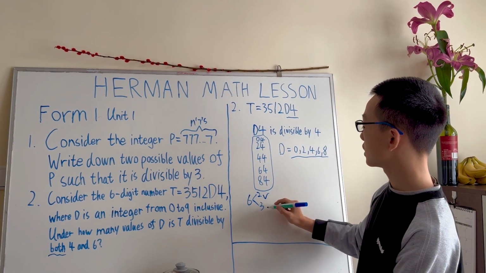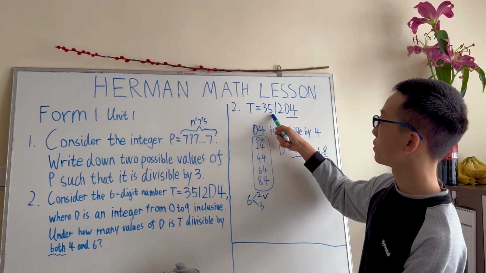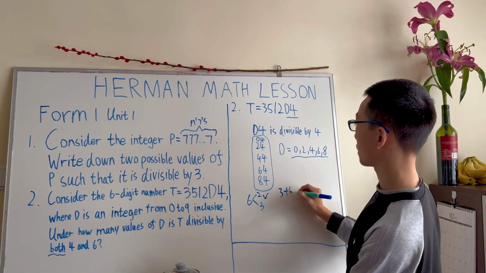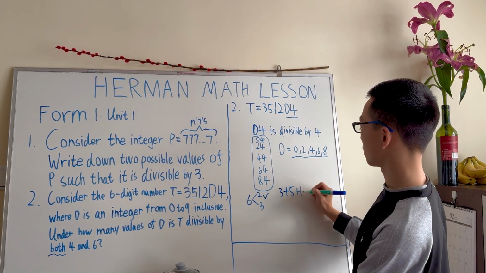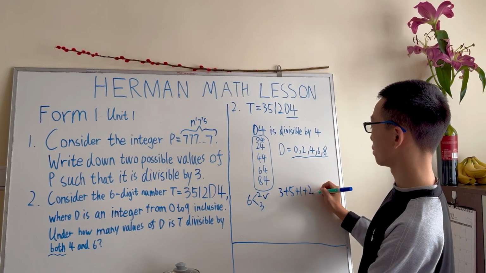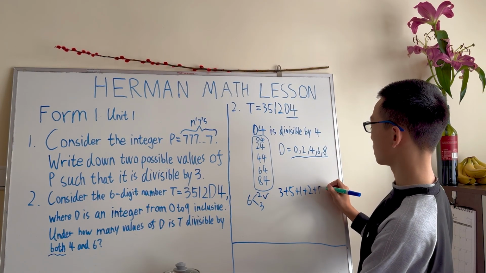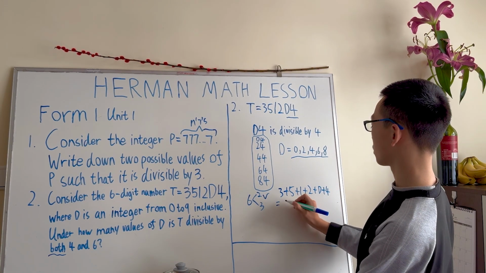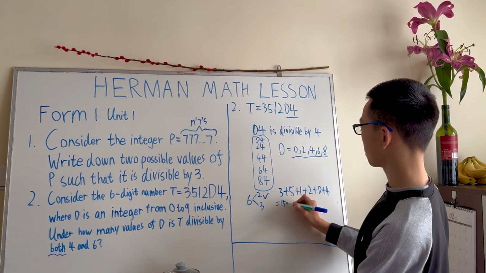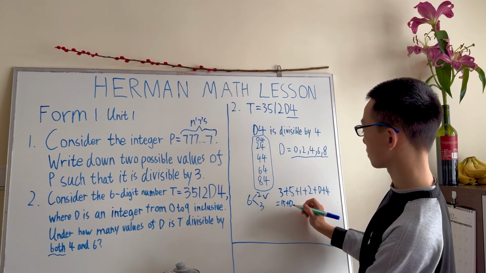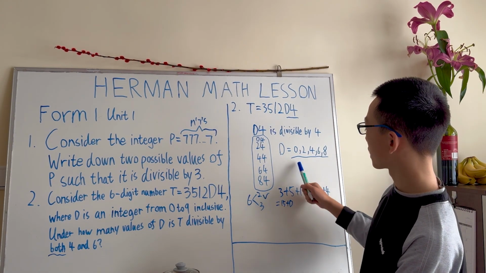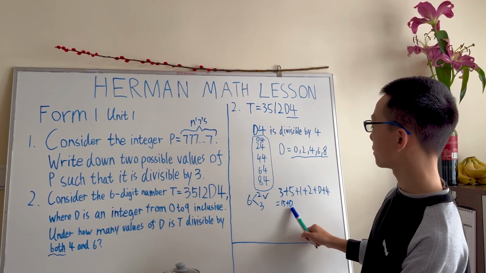And we look at 3, which is the sum of all digits: 3 plus 5 plus 1 plus 2 plus d plus 4. This is equal to 15 plus d. We can fill the possible values of d into here.